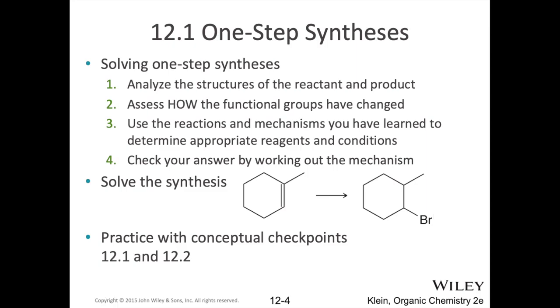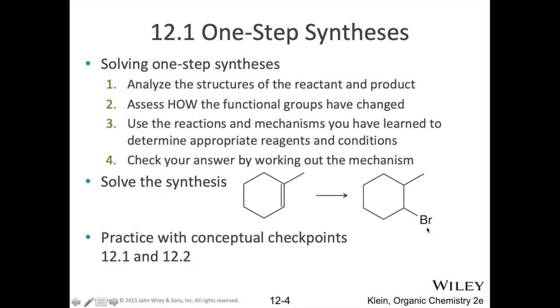Now you should be starting to figure out what reagents you need. HBr is probably a good candidate there. But don't forget to take into account those regiochemistry considerations. Was this a Markovnikov or an anti-Markovnikov addition of bromine? Well, notice that the bromine is on the less substituted of those 2 carbons. So that's an anti-Markovnikov addition.